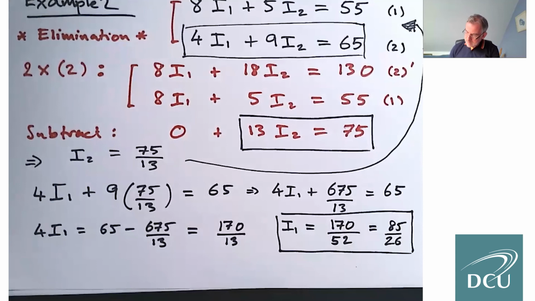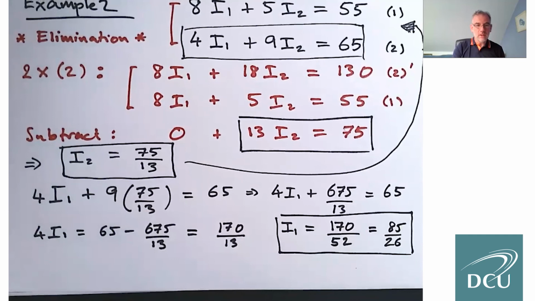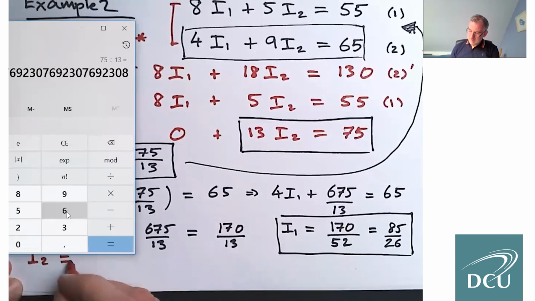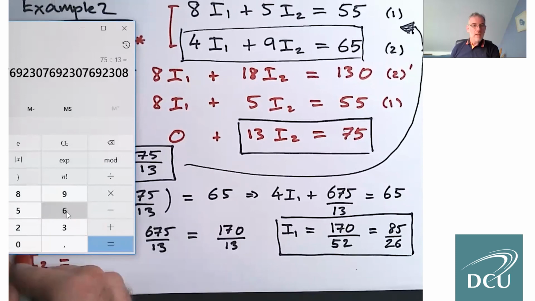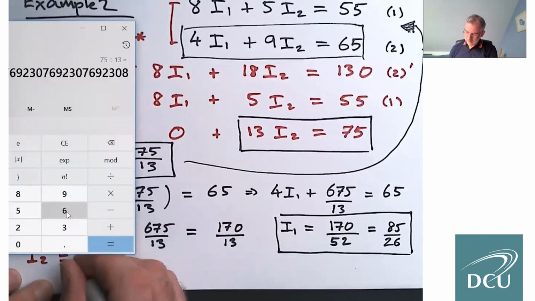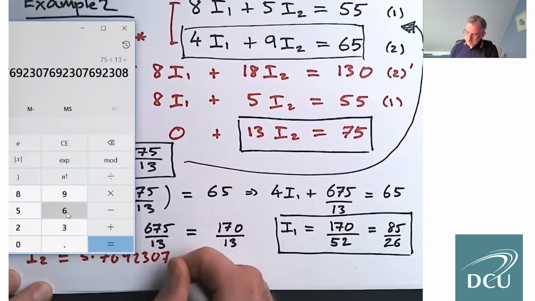And I'll throw those into a calculator and see what they look like to correct to 2 decimal places. So I2, 75 over 13, is, it seems, 5.7692307, and so on.